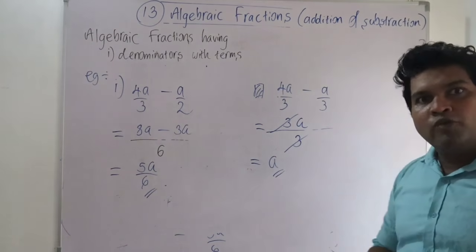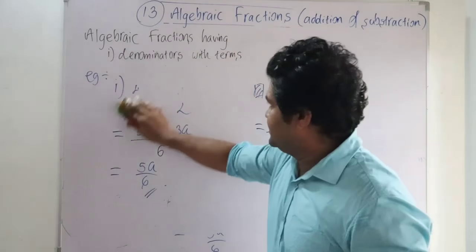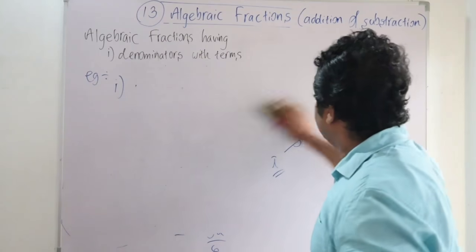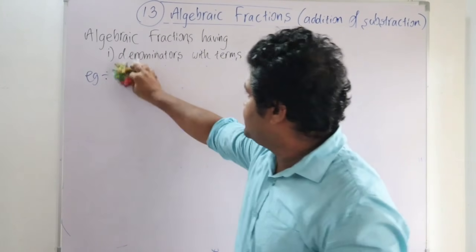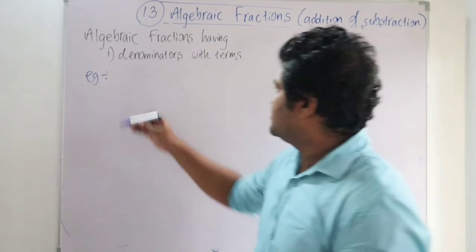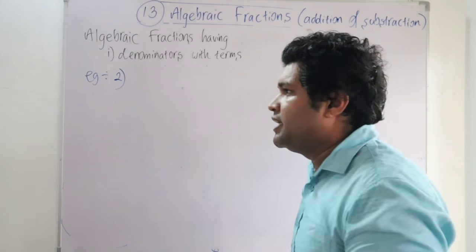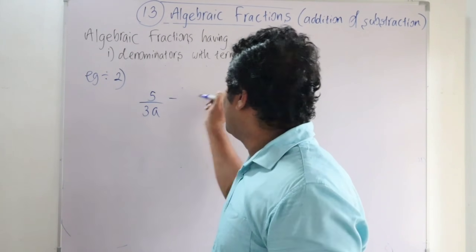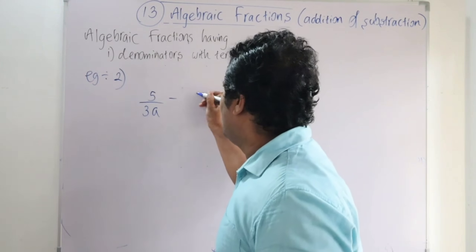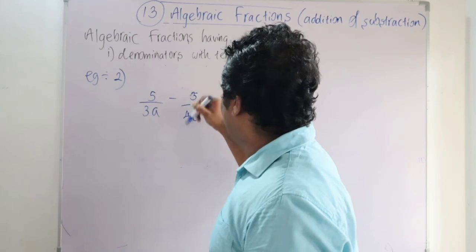Okay, now we will move to the second example. Wait until I erase this. Example number 2. Right, example number 2, I will give you a question like 5 over 3a plus 5 over 4a squared.